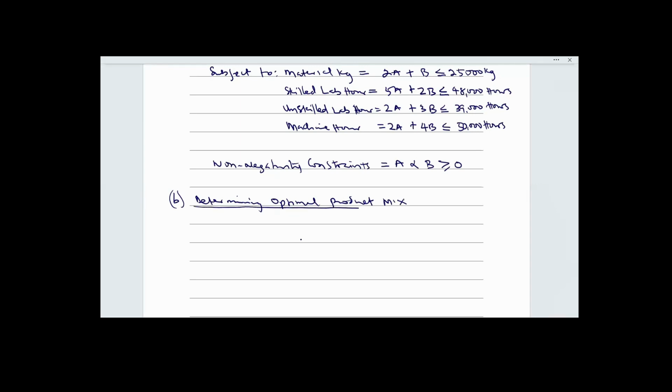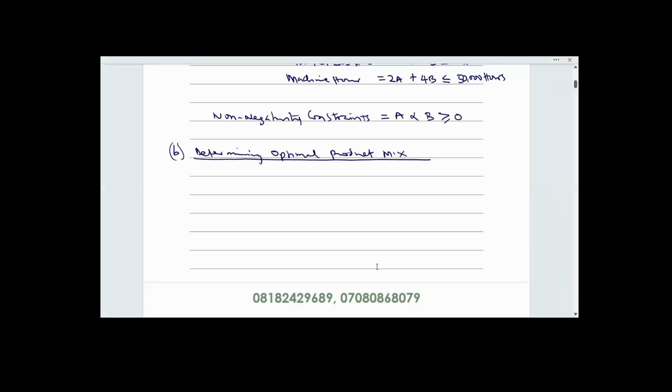That's what the examiner wants in the B requirements: determine the optimal production plan for the month and associated profits. So this should be more than 5 marks.